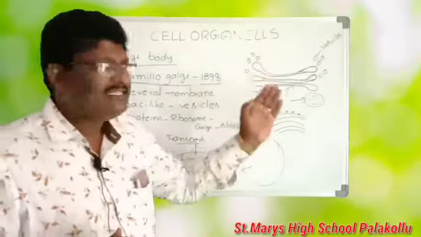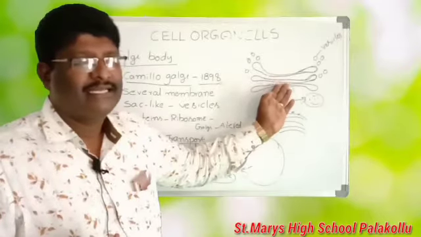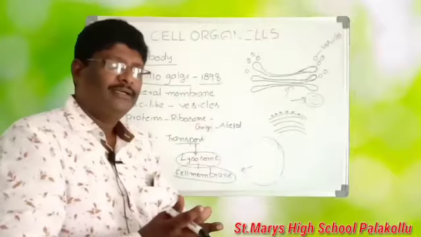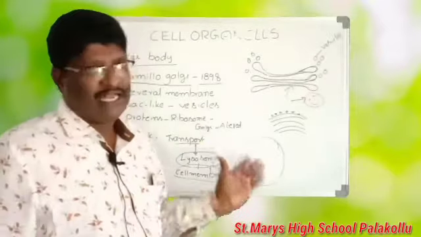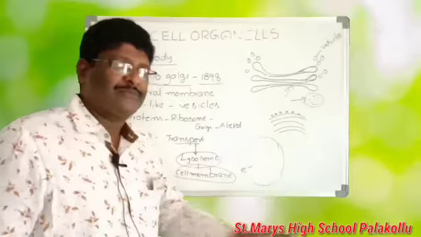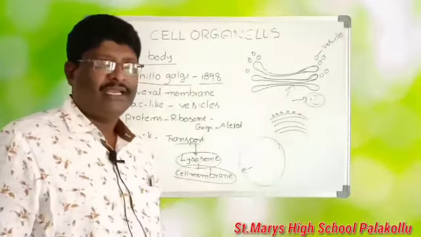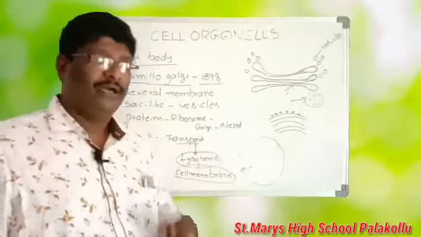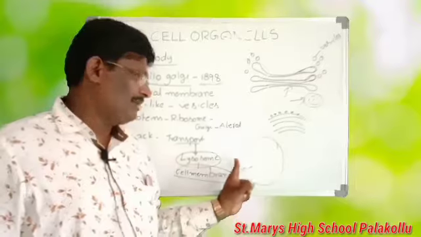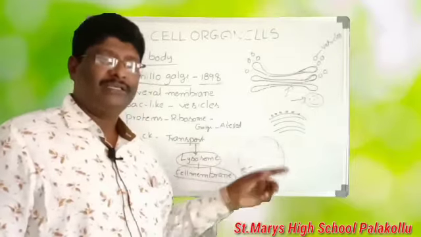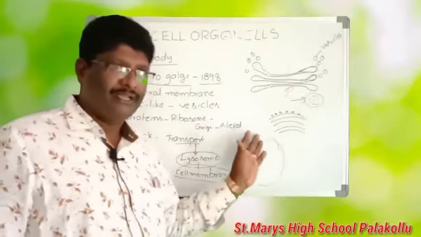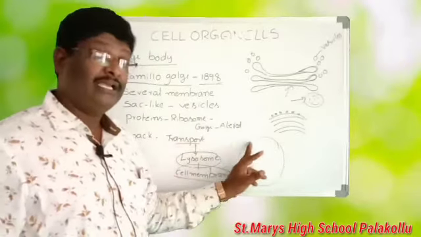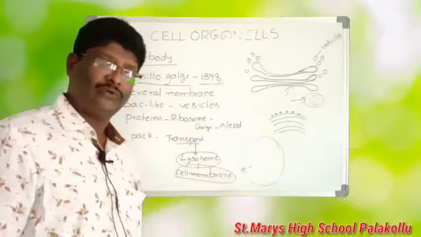Likewise, the substances are packed in the Golgi apparatus and transported to the lysosomes, and from the lysosomes to the plasma membrane. Sometimes the plasma membrane may get damaged, and during that time the substances participate in repairing it.